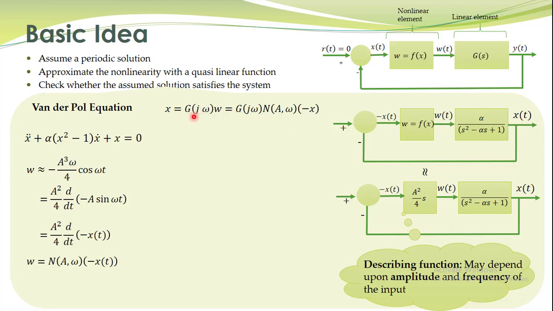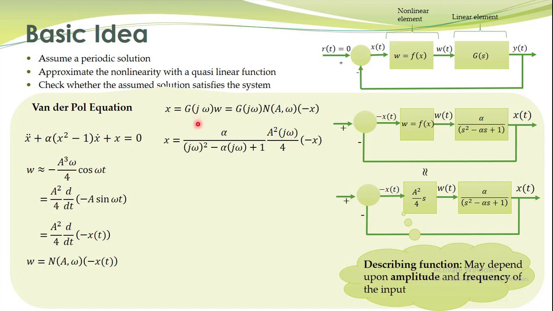So x is equal to G of j omega, this transfer function, multiplied by the input to this thing, where w, what is w? W is equal to this describing function multiplied by the Laplace transform of this thing, written over here. So that is written over here. This block diagram is described by this equation. What does that mean? This equation is approximately the same as this equation.